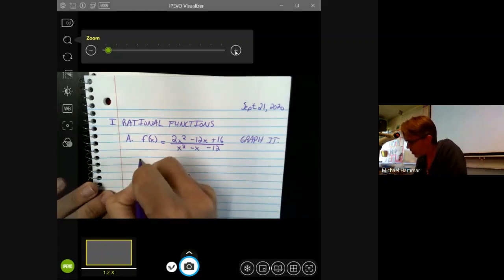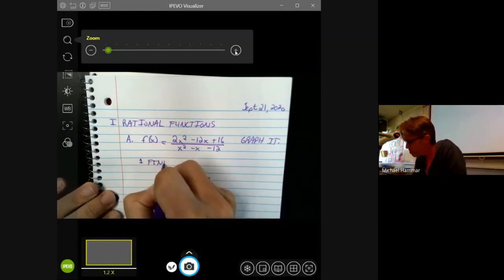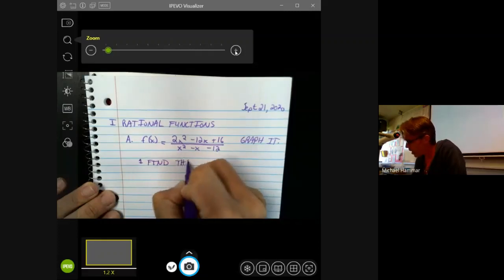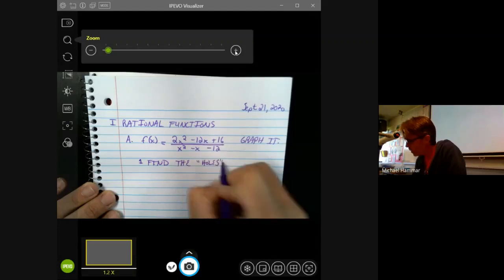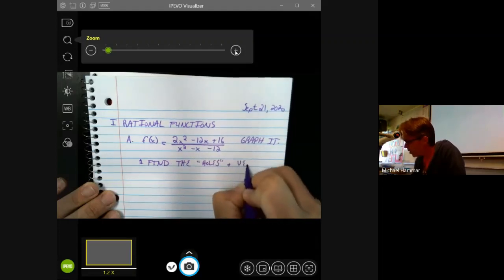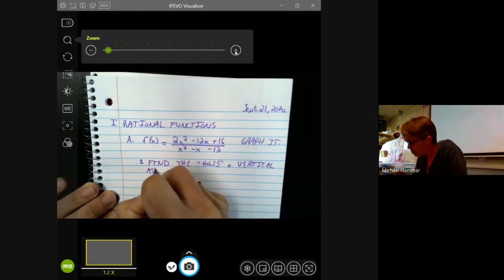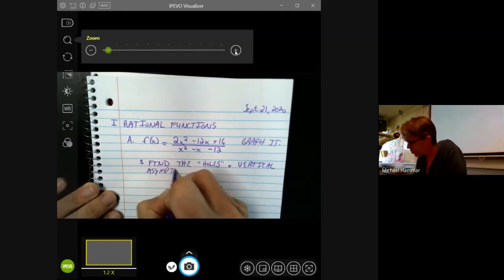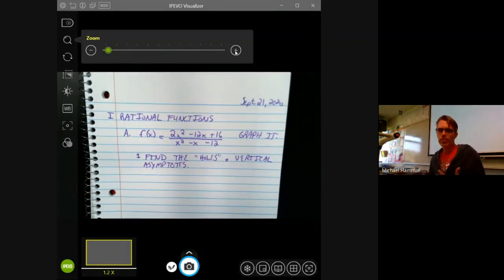So what we're going to start with first is we are going to find the quote-unquote holes and vertical asymptotes. Now, it all kind of involves doing the same thing.